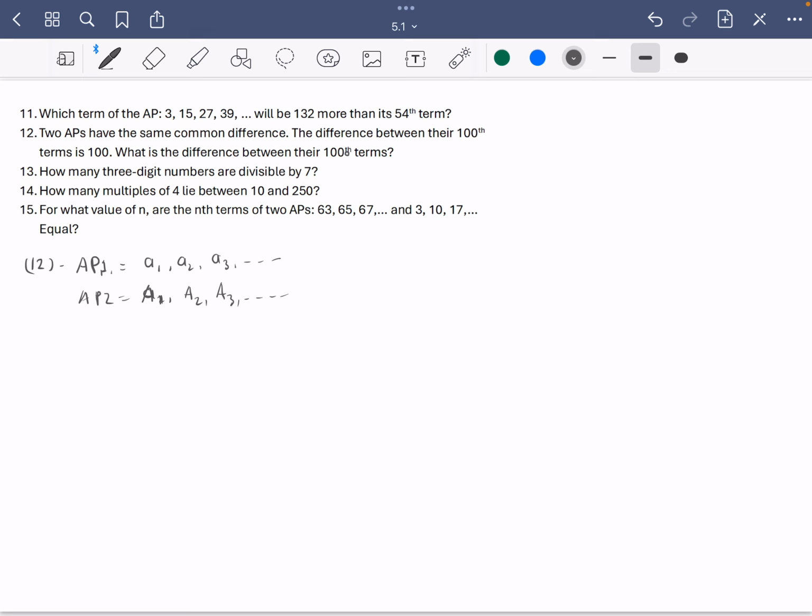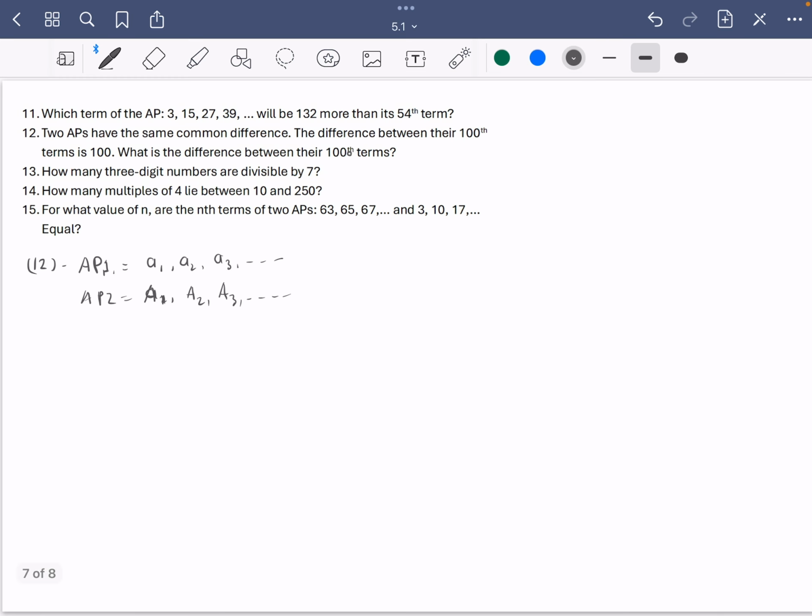The common difference is the same, and you can calculate any term. If you calculate any term of either AP, you will see that the difference is basically the difference between their first terms. Let's see what I mean by this. Let's say we calculate the nth term for each AP.